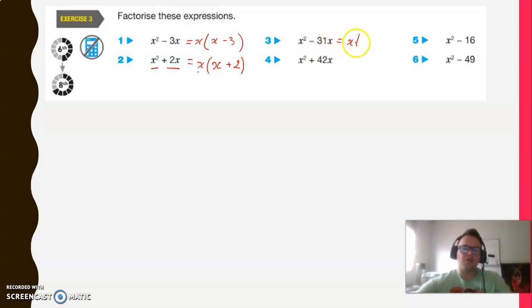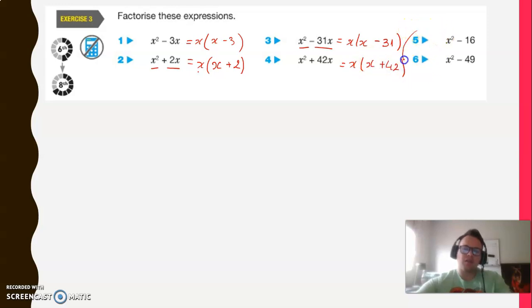The common factor is again x. x times what gives us x squared? Well, that's simply x. x times what gives us 31? It's 31x. That's just 31. Question 4, the answer is x times x plus 42.